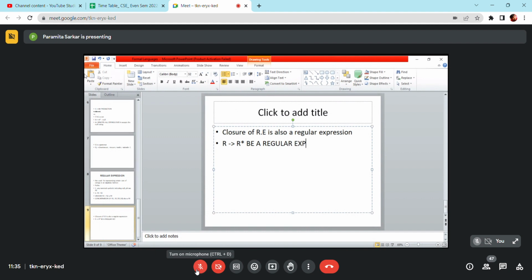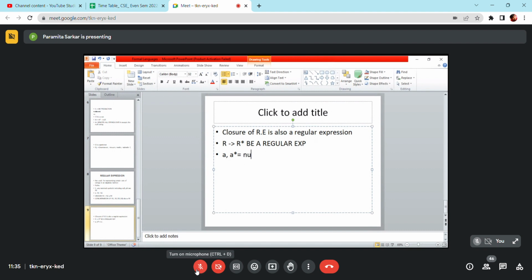Now let us have this symbol, R star. Let's take any symbol a and we have the closure of a. We can express the closure of a like this, a star. This means everything that we can form with a. So a star may contain all the forms that we can get from small a, this symbol.